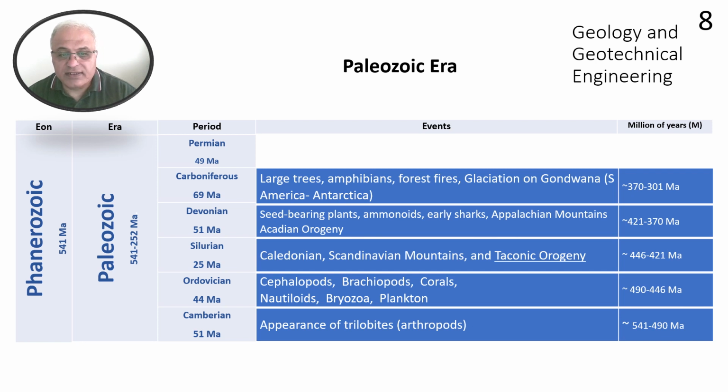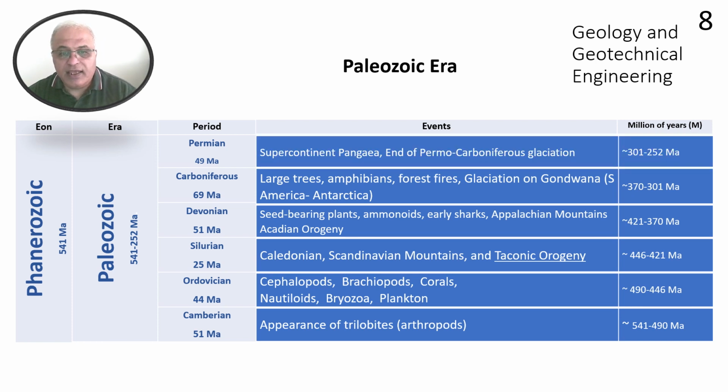The Carboniferous is characterized by the domination of amphibians and forests, and this period ended, or was separated from the period after it, by a huge glaciation that covered the planet Earth due to the climatic changes that happened during this period.